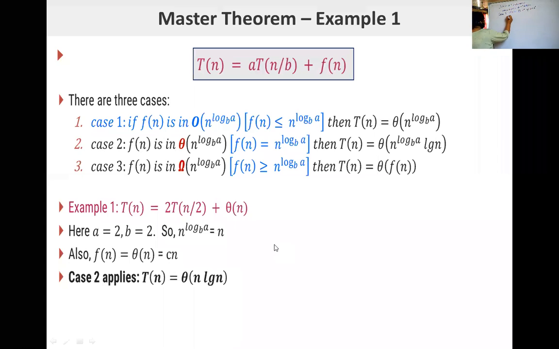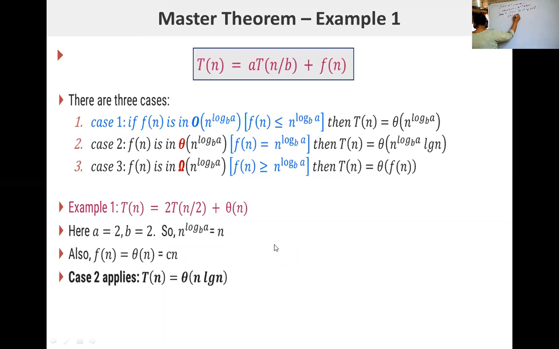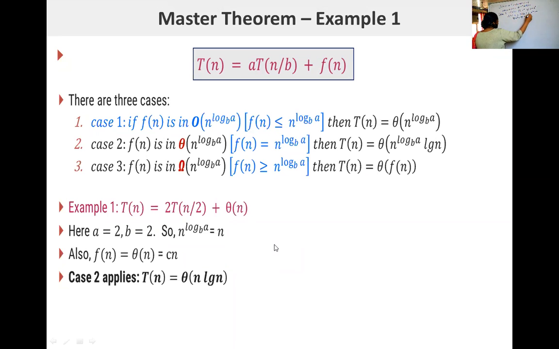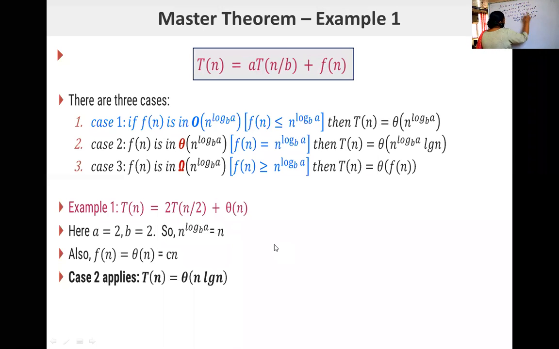So the equation is T(n) is equal to 3T(n/2) plus n square. Now see, if I equate this equation with the general one, we get a is equal to 3, b is equal to 2, and f(n) is equal to n square.